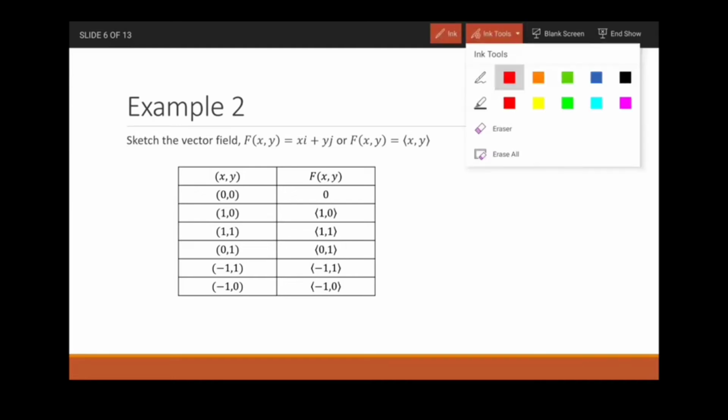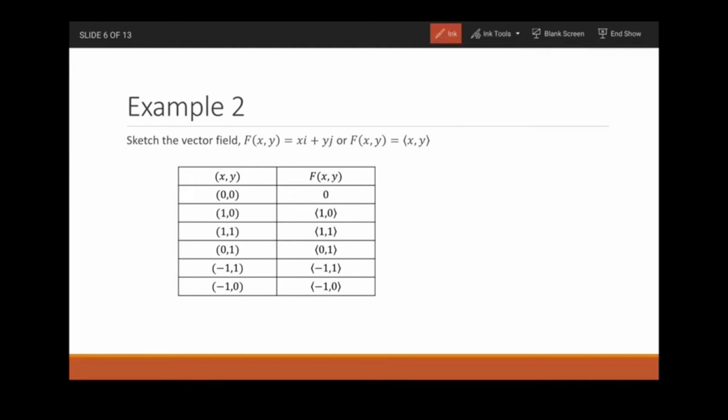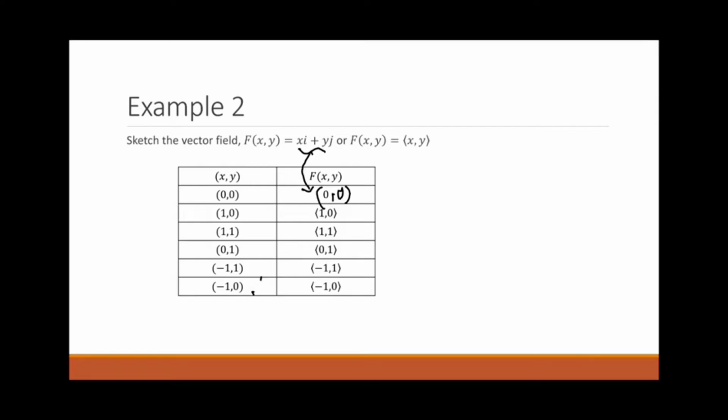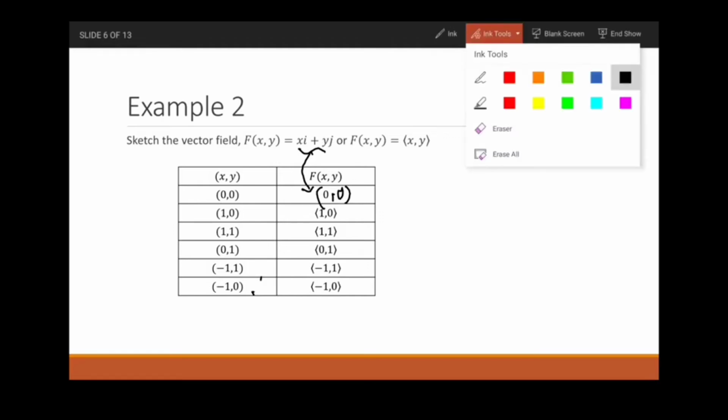How to draw the graph? First, you write the y and x axis. This is 0, 0, because the function is 0. You can choose any point that you want. These are the points that I selected.